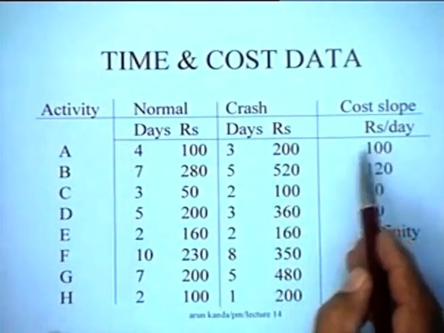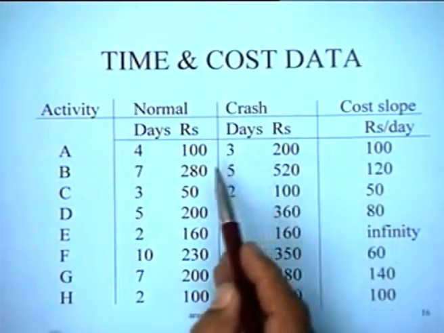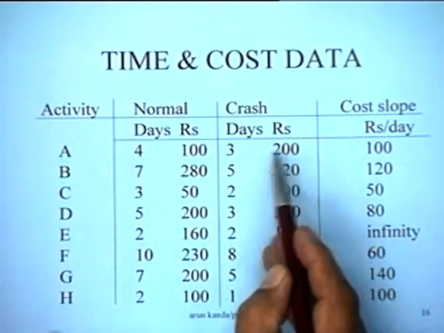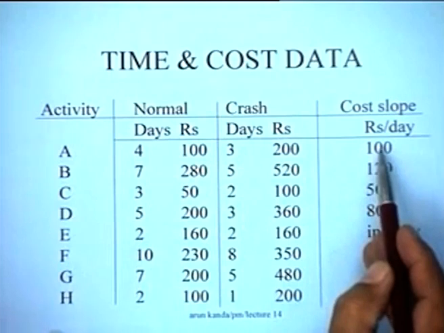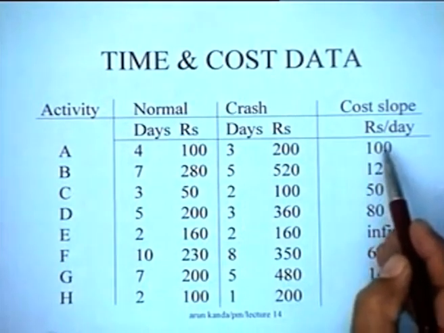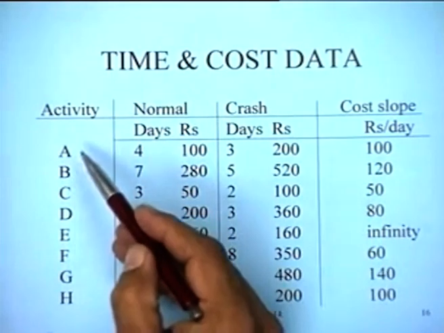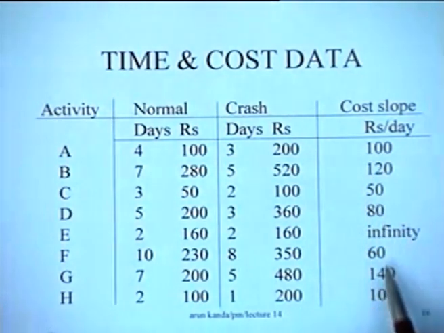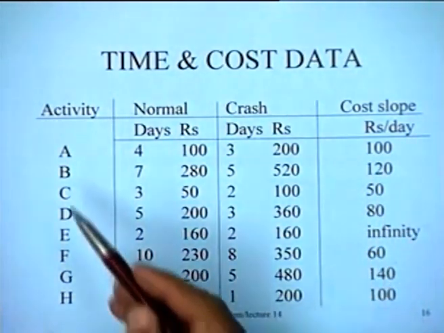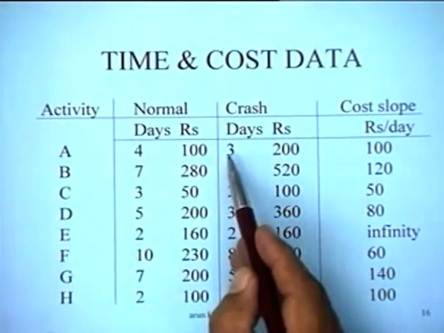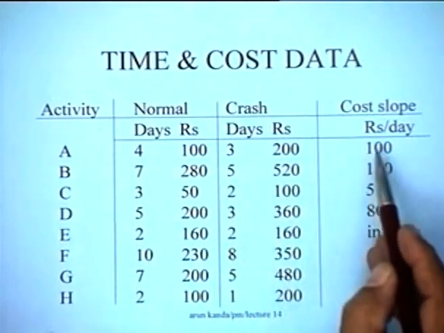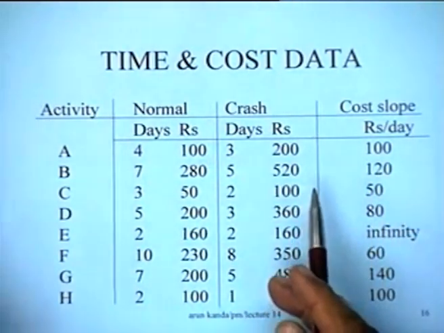And from here obviously the cost slope can be computed, which as we have seen is simply 200 minus 100 divided by 4 minus 3, which is 100 rupees per day. So we have in this manner computed the cost slope for each of the various activities in this project which go from A to H, and we have the normal duration, the crash duration, and the various cost slopes.